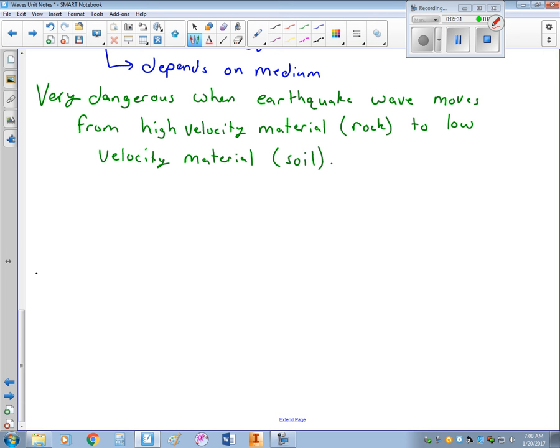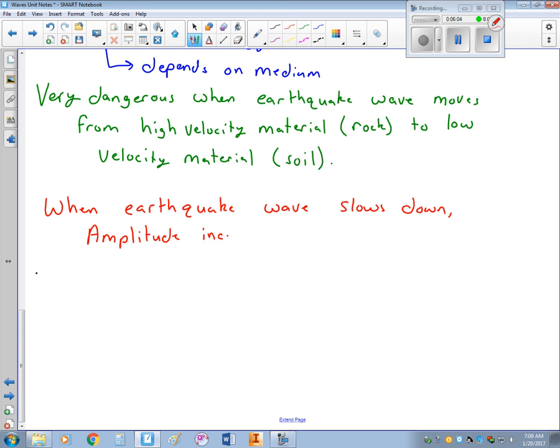The same thing happens with the earthquakes. When the earthquake wave slows down, its amplitude increases. And this is very bad for buildings.